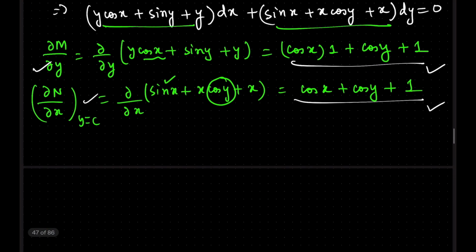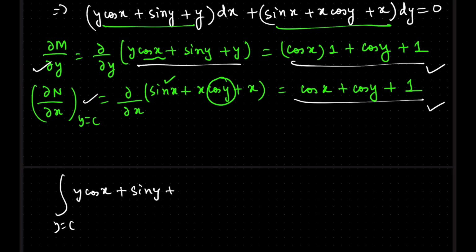When you apply the formula, we keep y as constant and integrate M with respect to dx. So M is y cos x + sin y + y, and we integrate with respect to x, and the N terms without x we eliminate. There is no N term without x, so here you will get 0 dy plus c equal to 0.